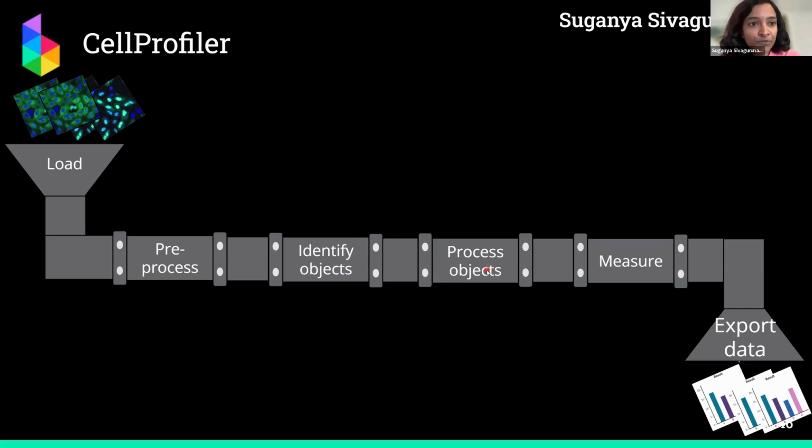The main advantage of Cell Profiler is you can make a lot of measurements on the identified objects. Once you have made these measurements, you can export the data as either CSV or as a database to then do downstream analysis.